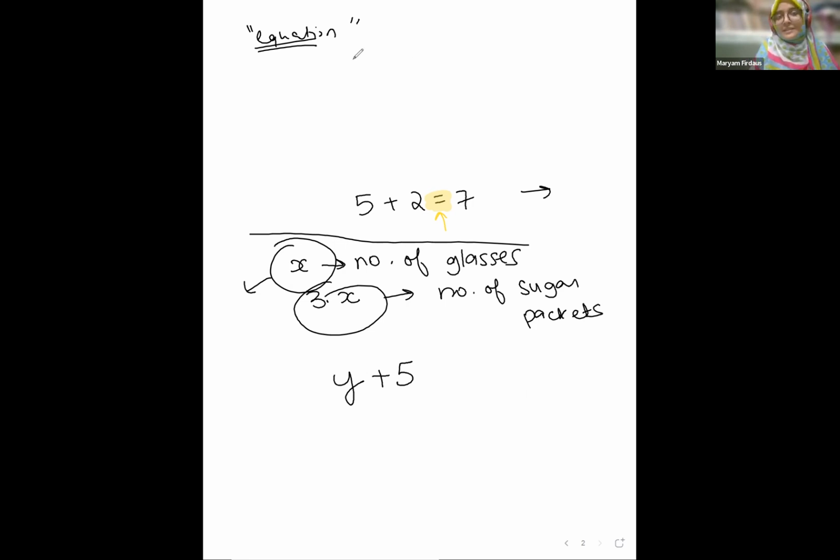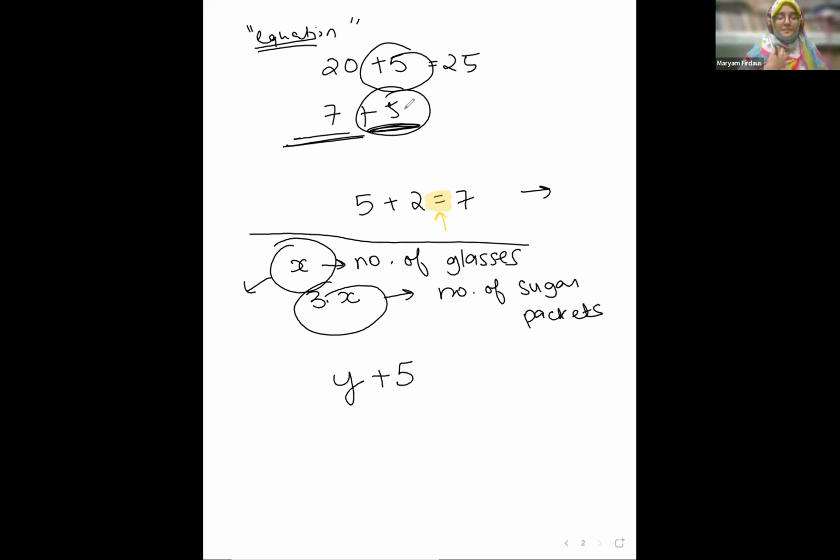For example, if my sister's age is 20, then my age will be 20 plus 5, which is 25. If my sister's age is 7, then my age will be 7 plus 5. Whatever my sister's age is, you just add 5 and you get my age. So this is also one way of talking about variables.